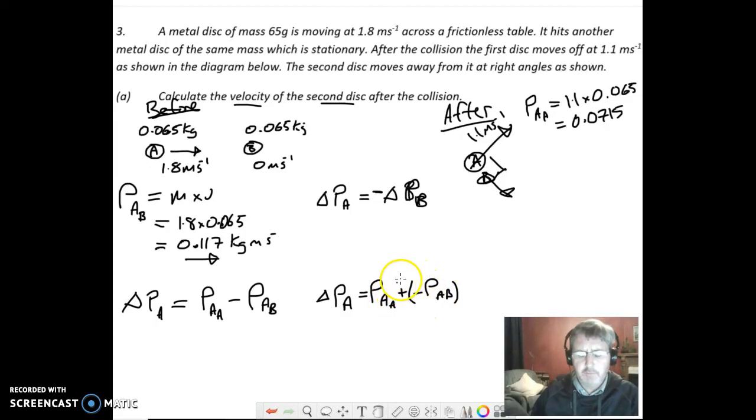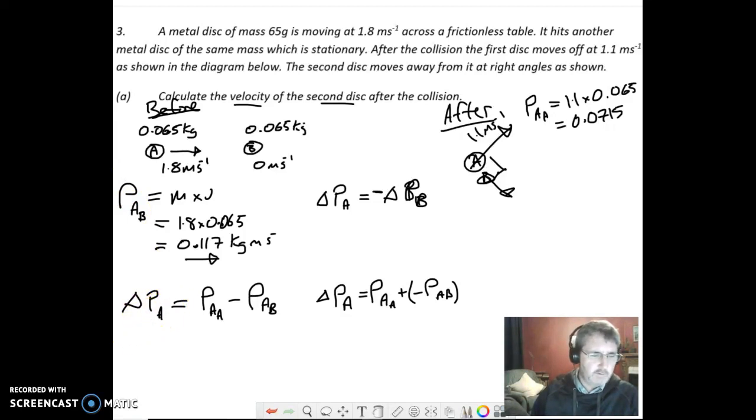Interesting, that. The funny rules of maths, but if you add a plus and a minus together, you get a minus. So if I add two vectors together, the positive after momentum vector for A and the negative of the before vector for A, then I can find the change in momentum.